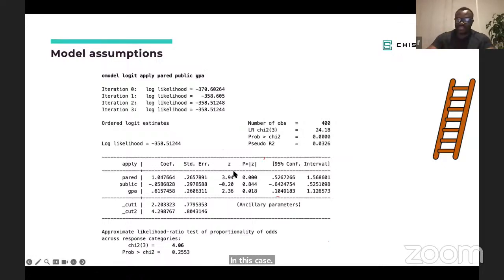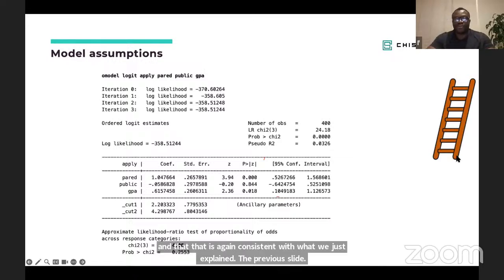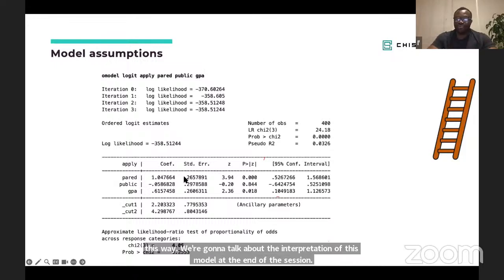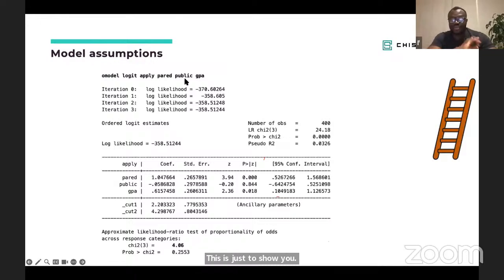And that is, again, consistent with what we just explained in the previous slide, that we use the ordinal logistic regression model when we believe that the rungs of this ladder from the first to second is the same as second to third, right? And that's why we have it this way. We're going to talk about the interpretation of this model at the end of the session, but this is just to show you, contrast it with the multinomial regression from last week.